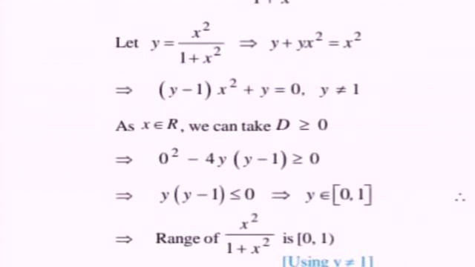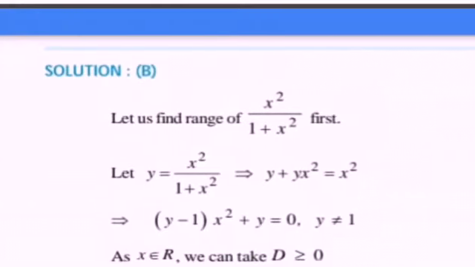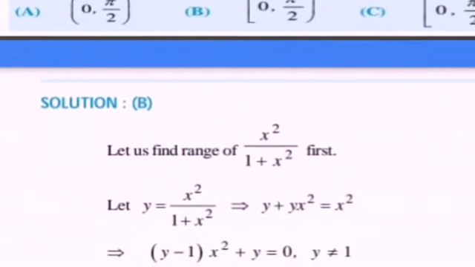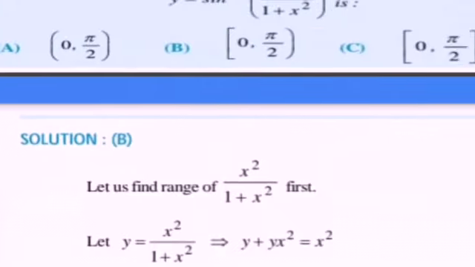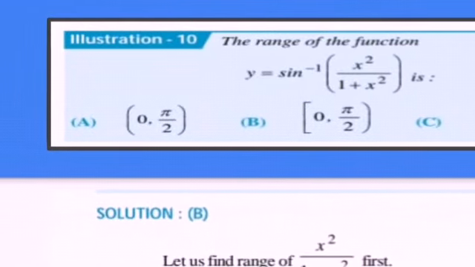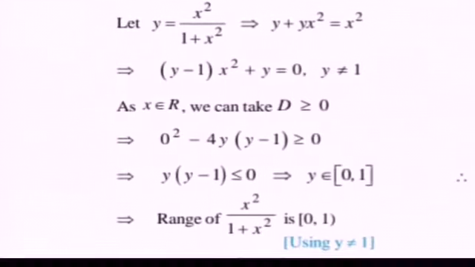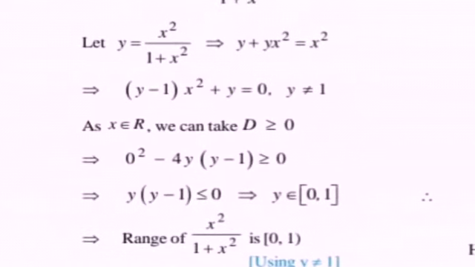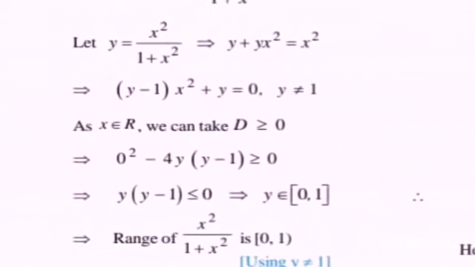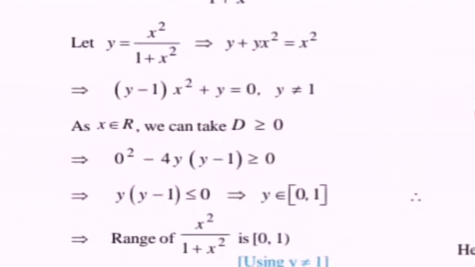As the discriminant is positive, you find y into y minus 1 is less than or equal to 0, and hence we say y belongs to the closed interval 0 to 1. So the range of x square upon 1 plus x square is 0 to 1. And now for this, you have to go for sine inverse.